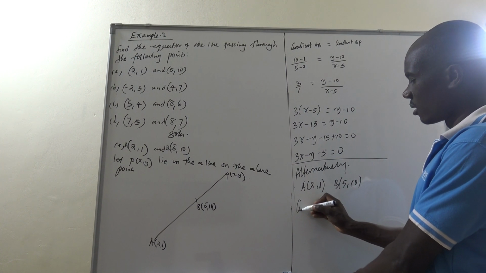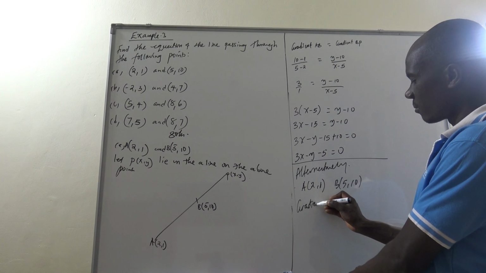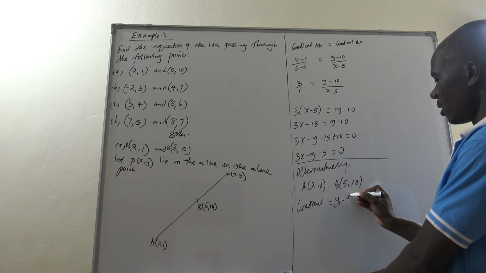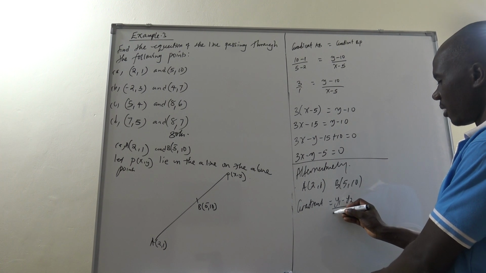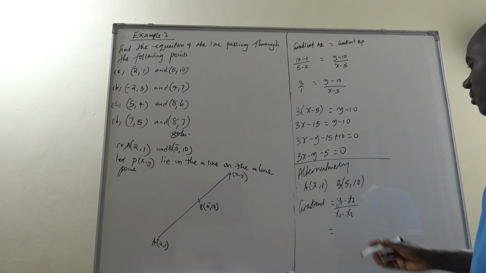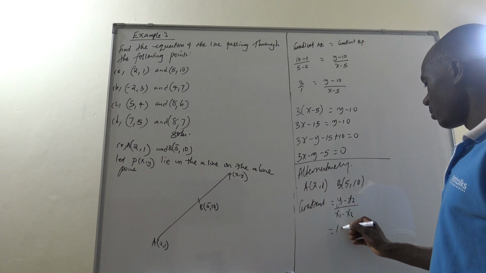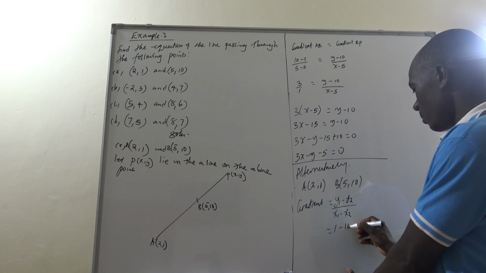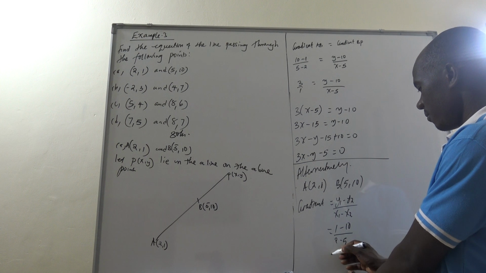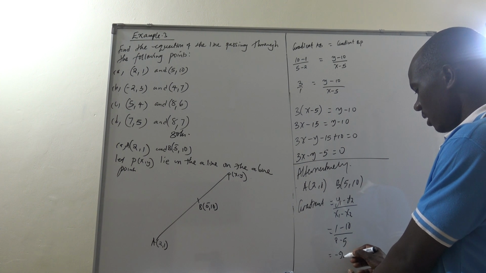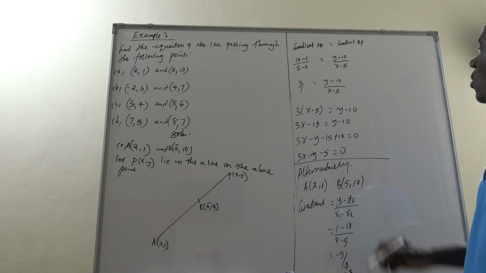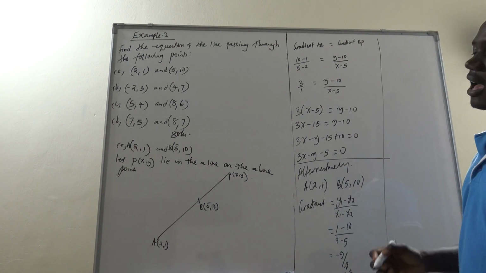You can say gradient is equal to change in y, y1 minus y2 all over x1 minus x2. For this case, that is 1 minus 10 all over 2 minus 5, which brings negative 9 over negative 3, which is 3. So I've finished getting our gradient at 3.